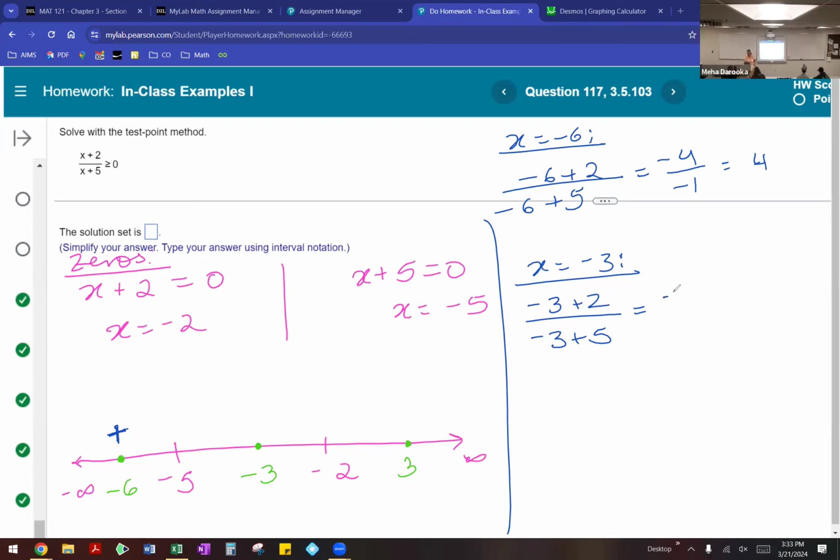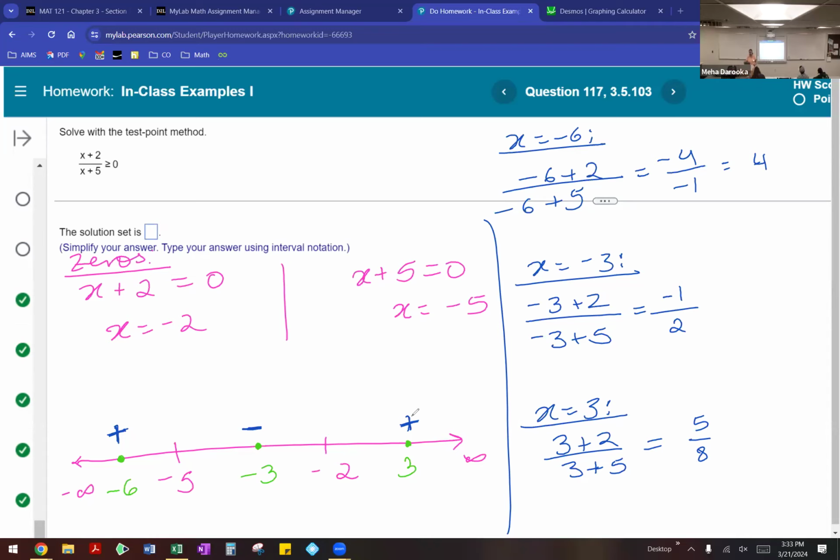Because we'll get -1 on the top, +2 on the bottom, so this will be a negative sign here. And then the last one, we did x equals 3. That's 3 plus 2 over 3 plus 5, and what will this be? Positive, negative? Yeah, that will give us 5/8.